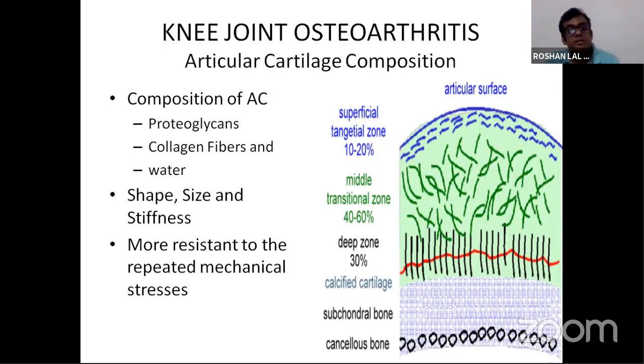Now the question arises how the shape and stiffness are maintained. Proteoglycans and collagen fibers give and maintain the shape and stiffness of the cartilage. And if the cartilage is stiff, it can resist repeated mechanical stresses. This is the typical feature of articular cartilage.